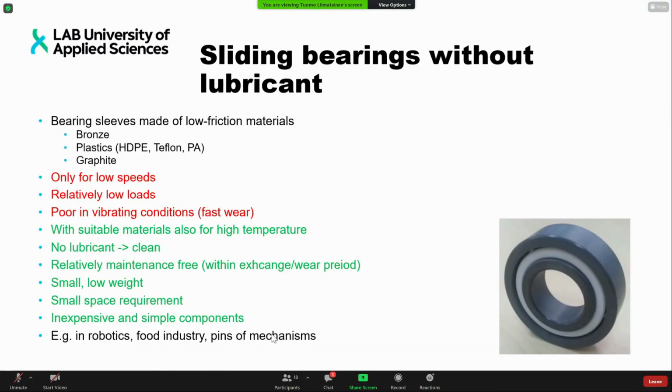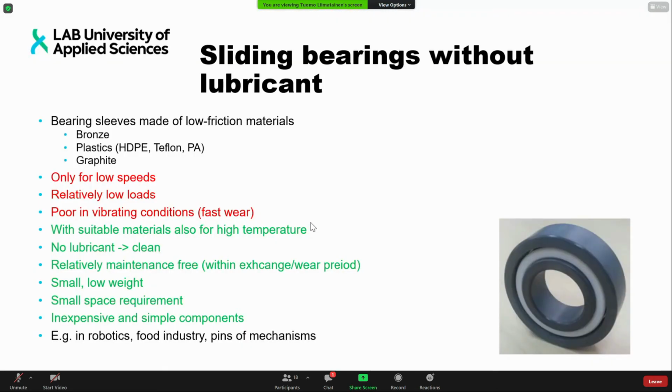They are usually quite small, low weight, and the space requirement is fairly small. And because they are not that complex, they are quite cheap components, simple, and you can find them in various sizes. One example of using this kind of simple bearing is a joint of a mechanism.